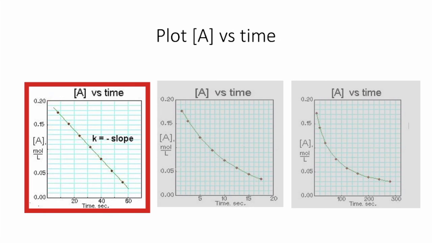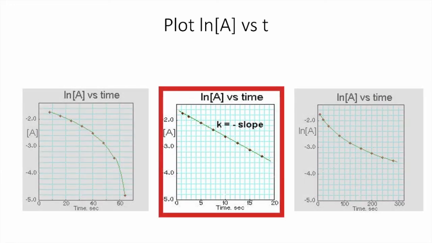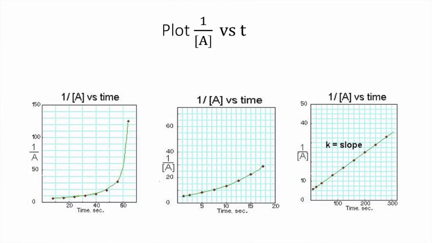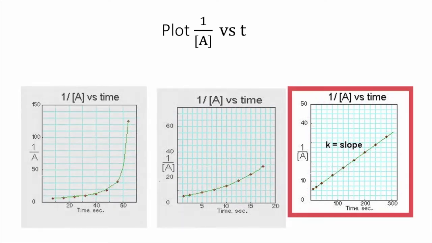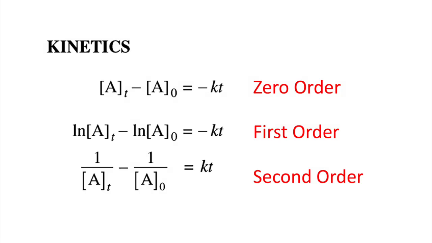If we plot the natural log of the concentration of A versus time, and we get a line, then we know it's first order. If we graph the reciprocal of the concentration versus time, and we get a straight line, we know our reaction is second order.